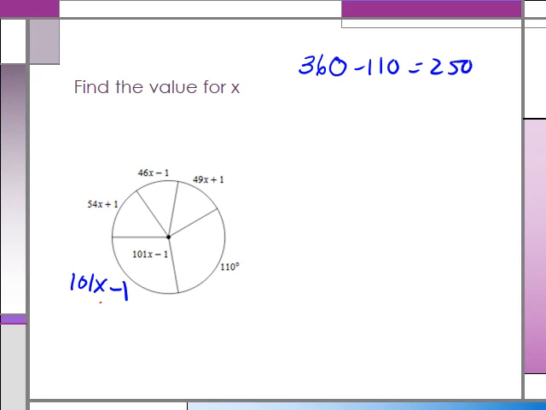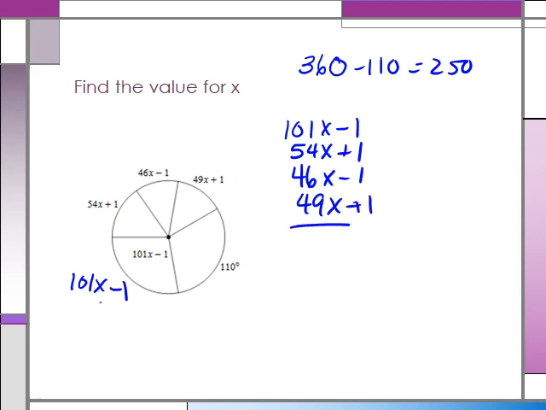If I add up all my other arcs, I get 101x minus 1, 54x plus 1, 46x minus 1, and 49x plus 1.